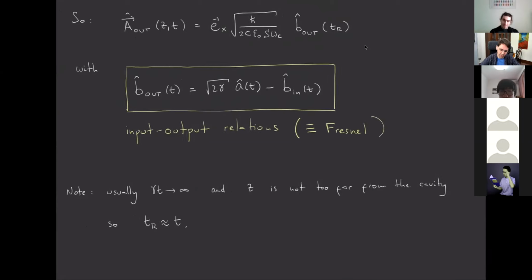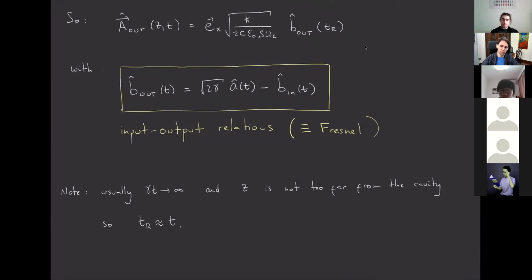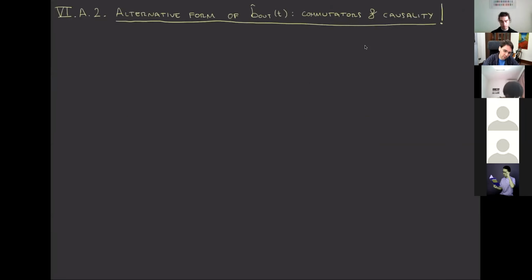So now we have a description of the output field, the field that is arriving at the detector, as a function of some operator that has a very simple expression in terms of things that we know: the intracavity field that we know how to evaluate from the previous chapter, and the input operator that we defined also in the previous chapter. However, it's also interesting to find an alternative form of the output operator that will allow us to prove the following properties that are super important.